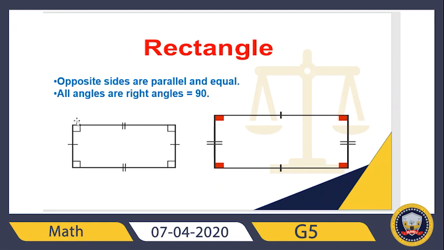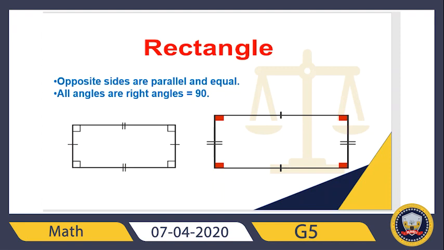And also, the common feature between the parallelogram and the rectangle is that each two opposite sides are equal and parallel, like its other brother. So what's the difference then? How can I say that this is a rectangle and not a parallelogram? Because each angle inside the rectangle equals 90 degrees.